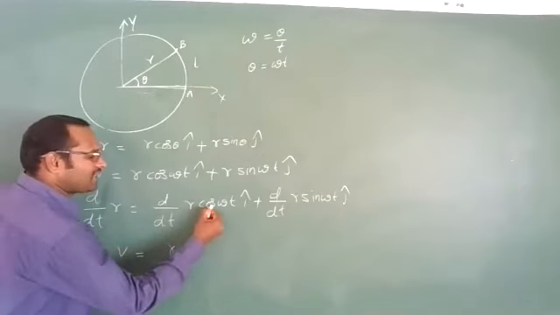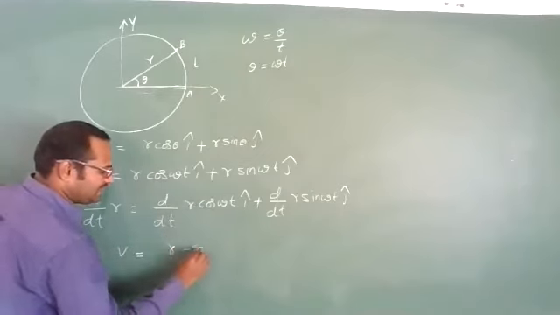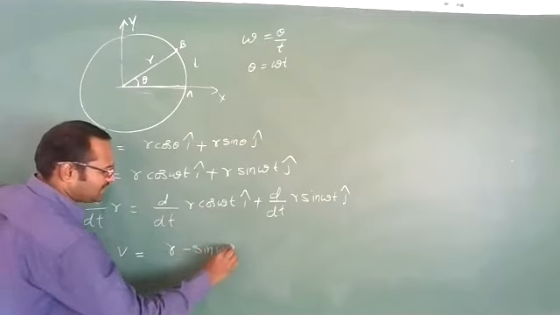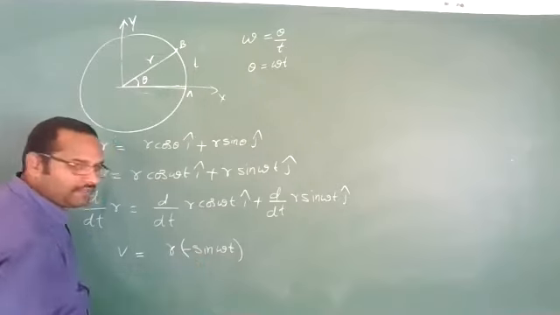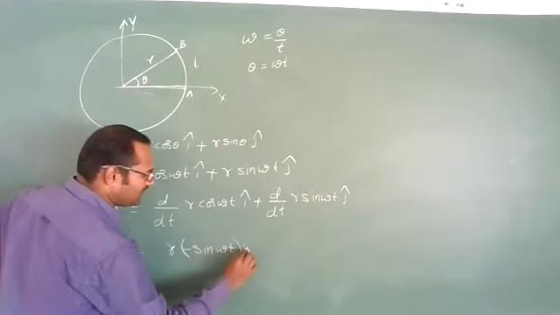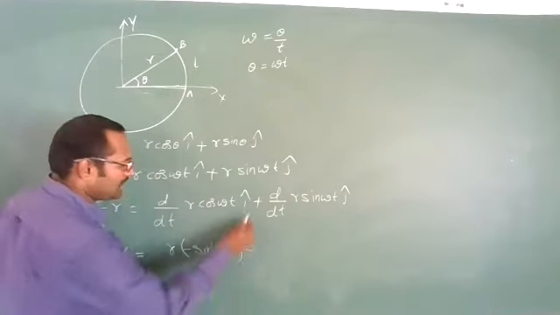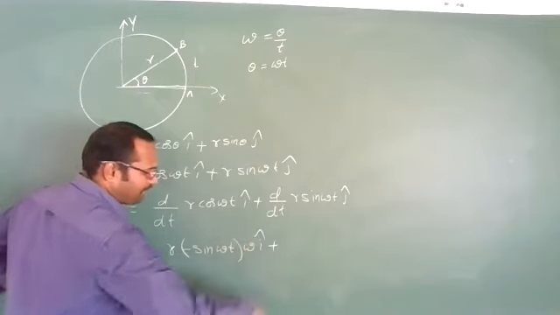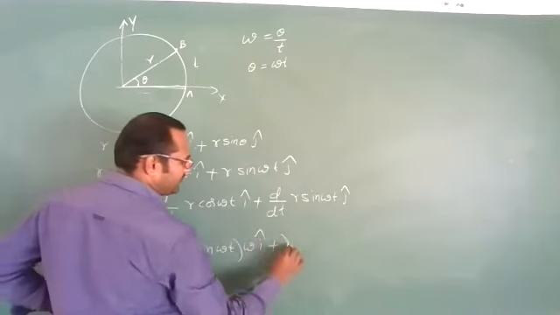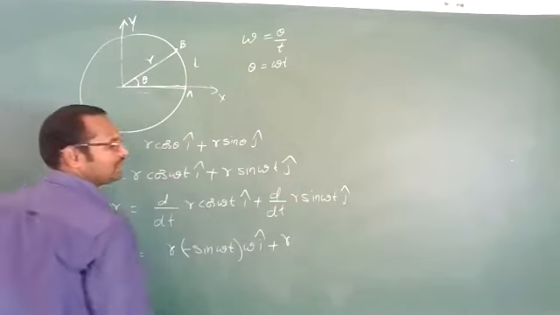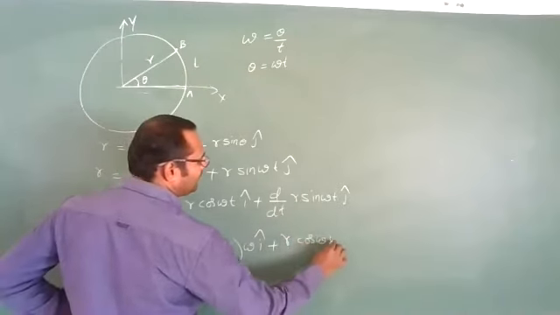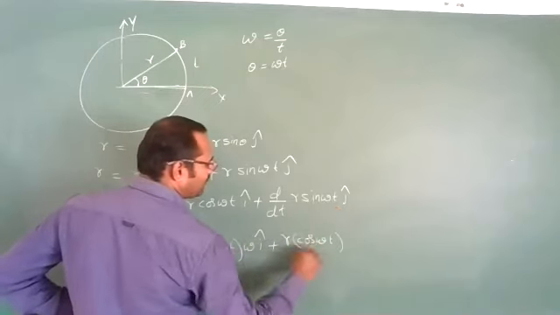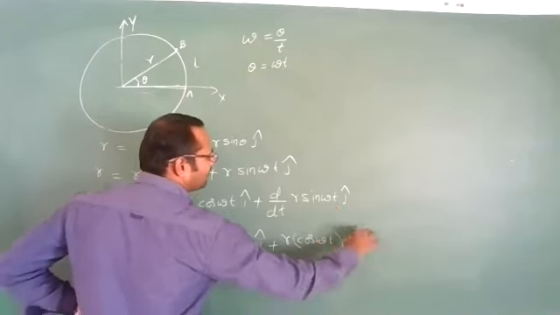Now, d by dt of cos theta is minus sin theta. Minus sin omega t. Theta is omega t, and because of the function inside, we get omega i cap. Plus, again, all constants you can take outside. d by dt of sin theta is going to become cos omega t, and again because of the function you get omega into j cap.